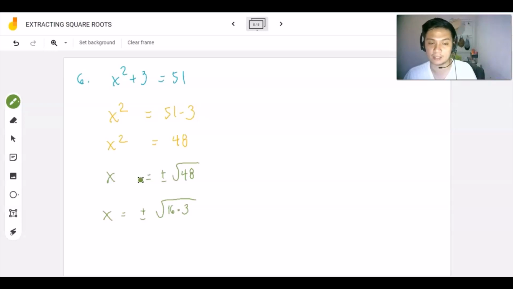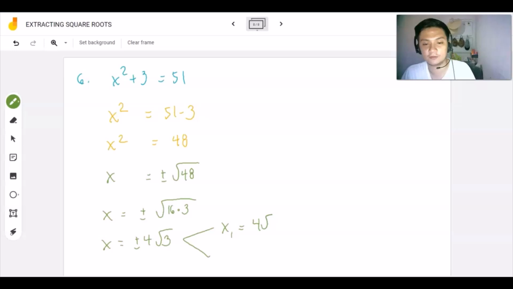So, 16 times 3 ang nasa loob ng radical sign. So we have x is equal to positive or negative 4 square root of 3. This only means that one of the roots is positive 4 square root of 3 and the other is negative 4 square root of 3.